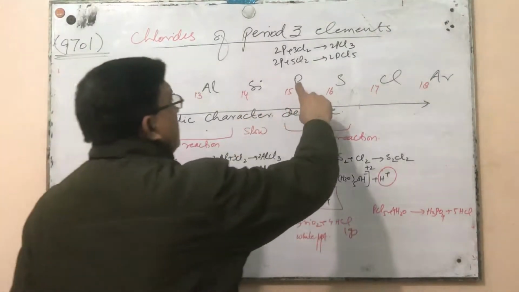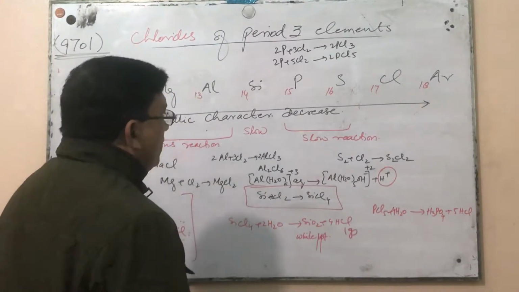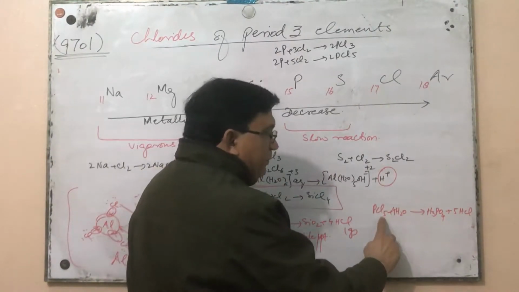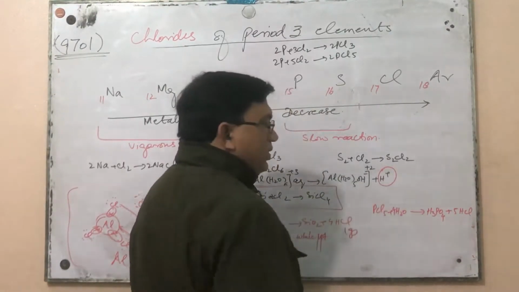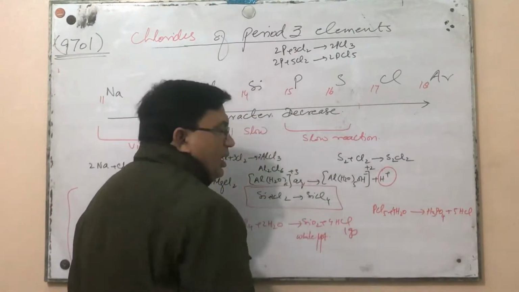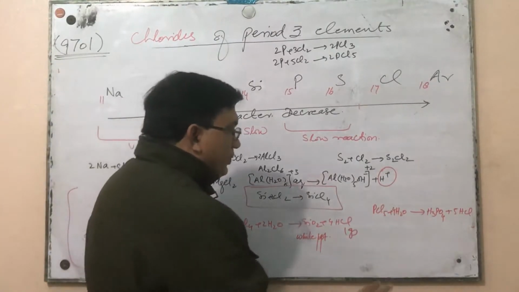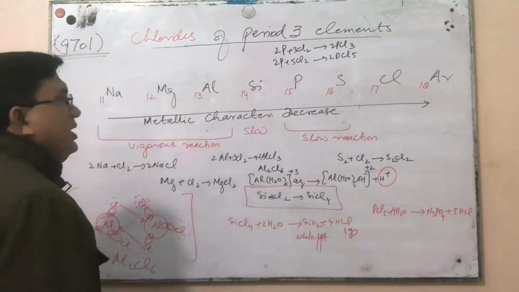Now, similarly, of the two chlorides of phosphorus, phosphorus 3 chloride and phosphorus 5 chloride, phosphorus 5 chloride can also be hydrolyzed, reacting with water, producing phosphoric acid and hydrochloric acid gas. It means that both of these products are acidic in nature. That's why the aqueous solution of PCl5 will become very strongly acidic.